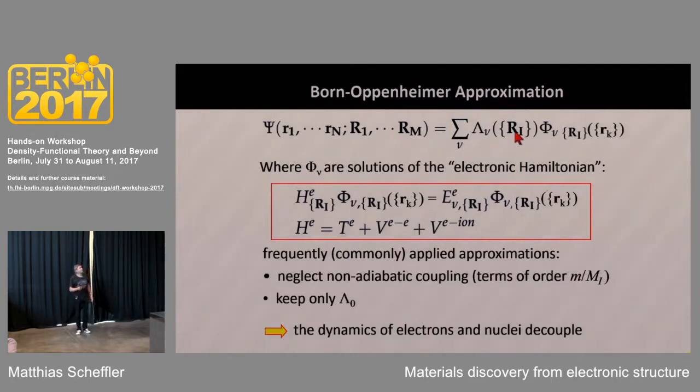At the end it means in this summation we only take the lambda 0 term, so we don't really sum, we just have lambda 0 times this wave function. It means that the dynamics of the electrons and nuclei decouple, which also means that if nuclei move, electrons are always instantaneously in their electronic ground state. I will say something about the quality of this in a moment.